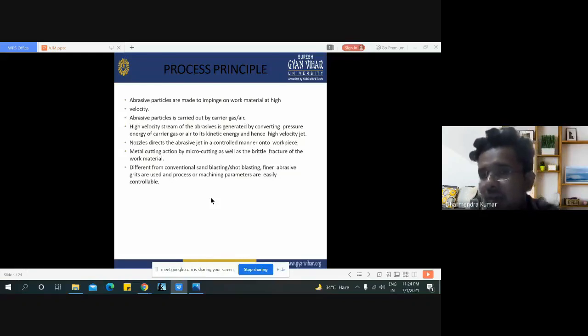Here, controlled manner means it depends on the skilled operator who is operating the abrasive jet machine. Metal cutting action in this process is by micro cutting as well as brittle fracture of the work material.